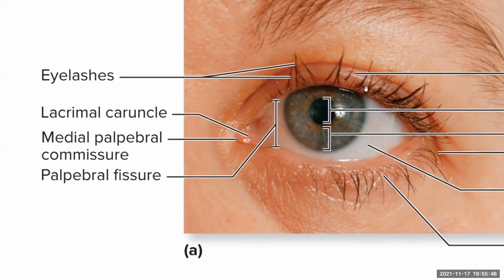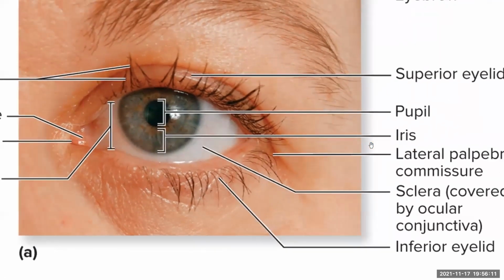Where your superior palpebrae and inferior palpebrae come together and meet each other by the nose, that's the medial palpebral commissure. And you'll notice this pinkish structure here. That's the lacrimal caruncle, where you're going to find a lot of debris that collects.